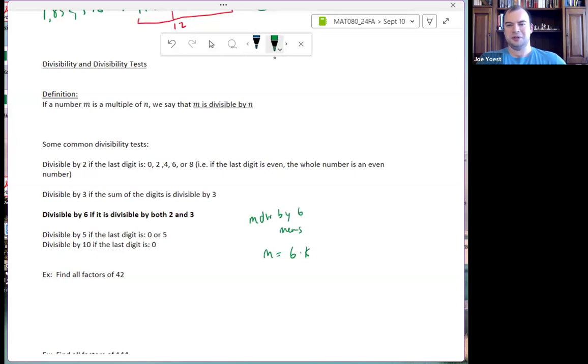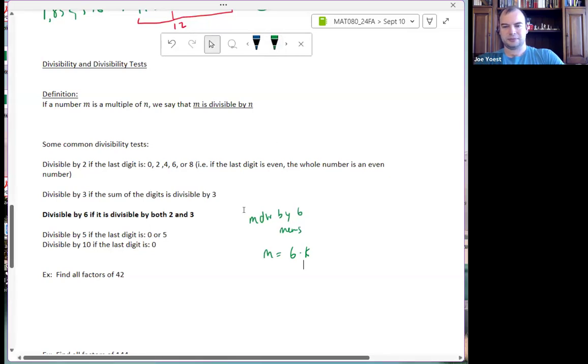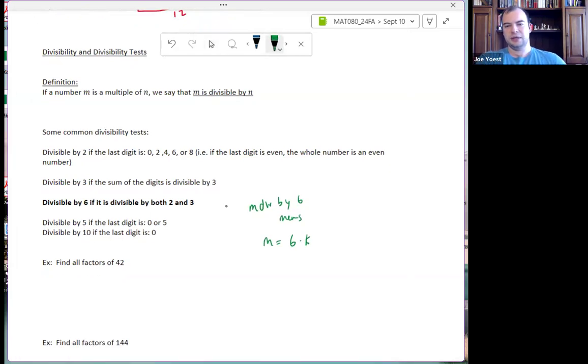I don't want to use n because we have n in a different context up there. But 6 is 2 times 3, right? So 6 times k is 2 times 3 times k. Here, k is some natural number, a number like 1, 2, 3, something like that.